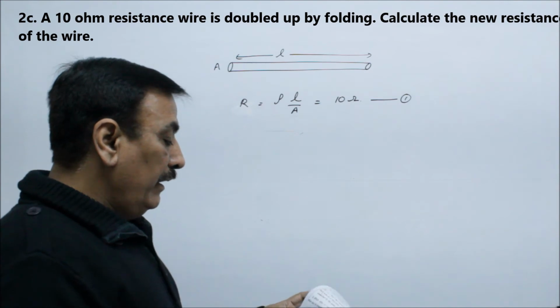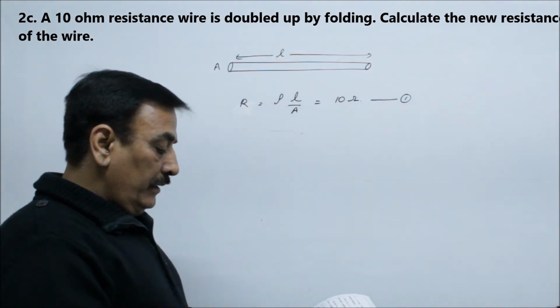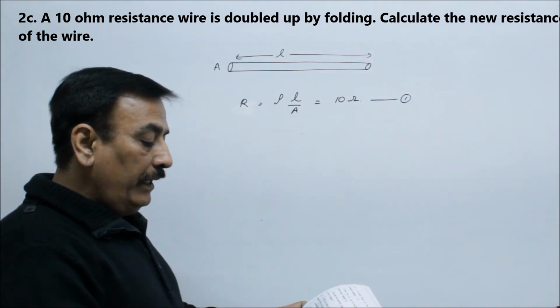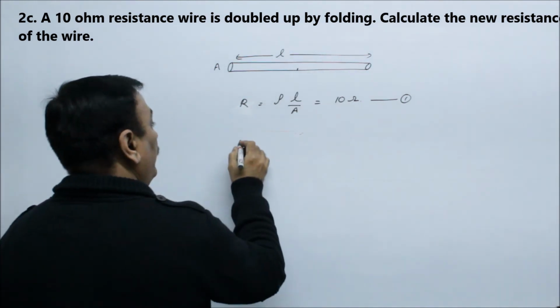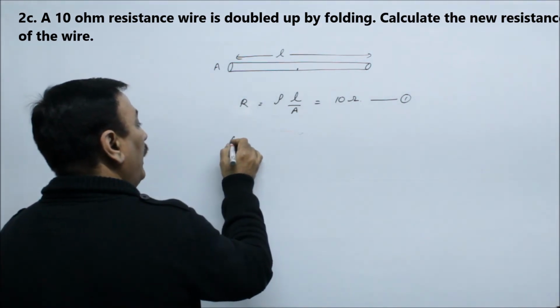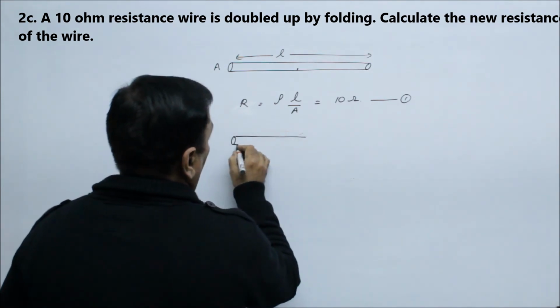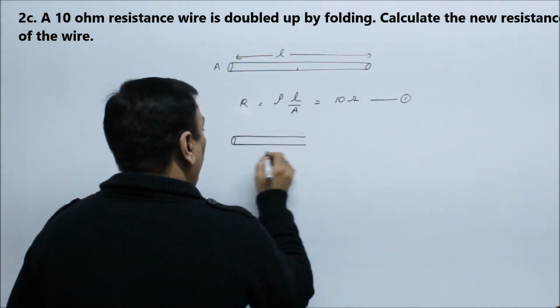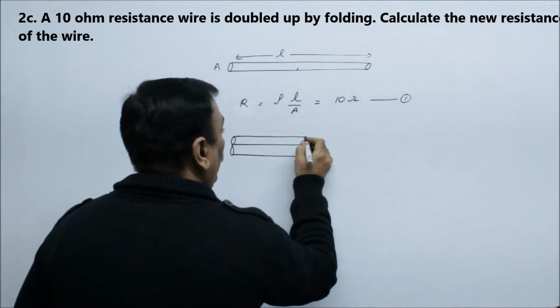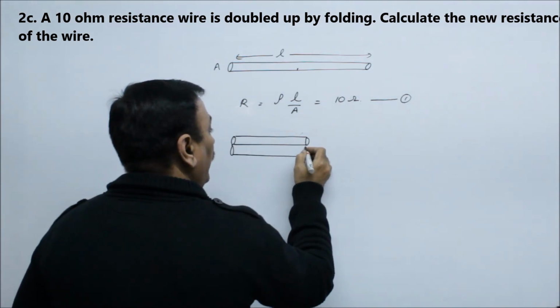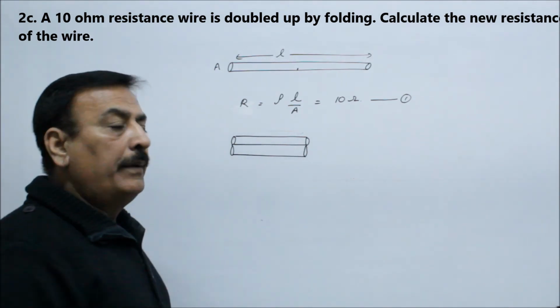Now what they are saying? They are saying that we are doubling it up by folding. So let us say from this point we have folded it up and it appears somewhat like this. So you fold over here and you see you get it in this form. So you can treat it like this, you see. Is that okay?